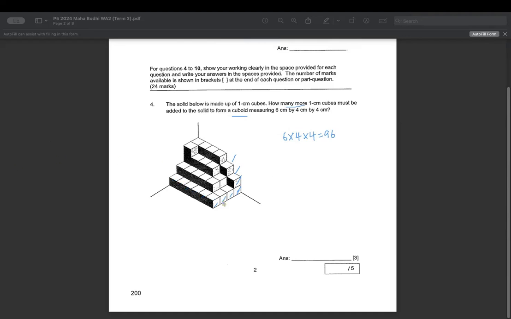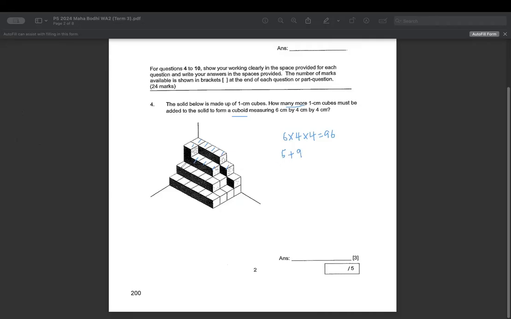Okay, so we count layer by layer. Currently, there are 4 layers. So let's count how many are in each layer. For the top layer here, we have 1, 2, 3, 4, 5. So the first layer is 5. The second layer has that 5 and another 6, 7, 8, 9. So the second layer has 9.